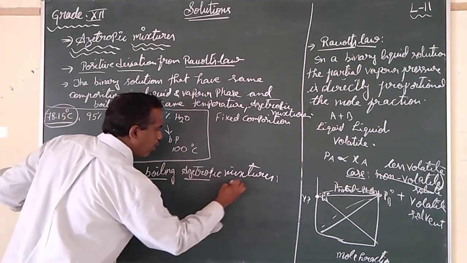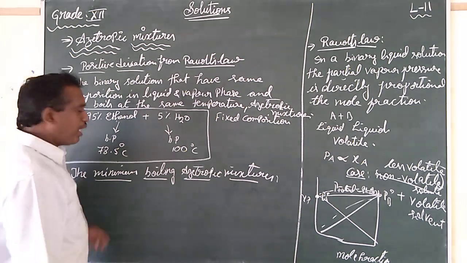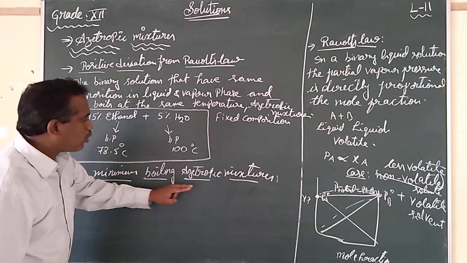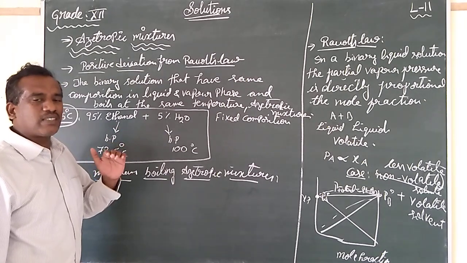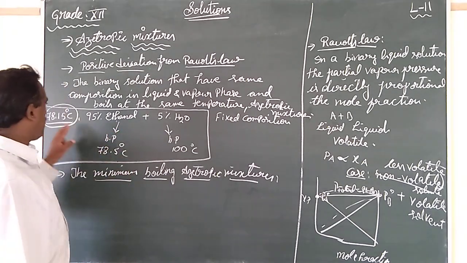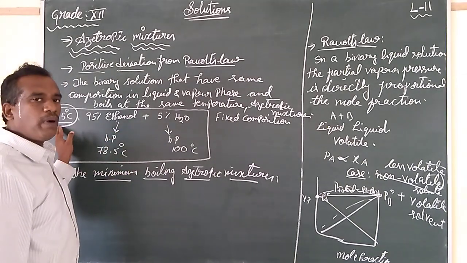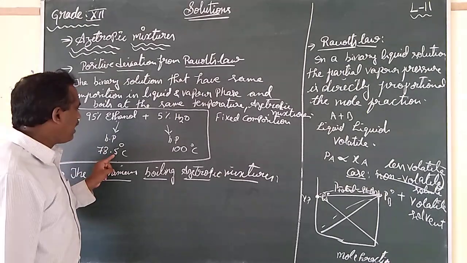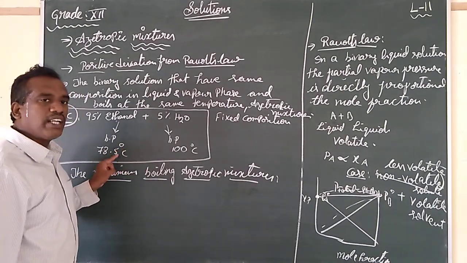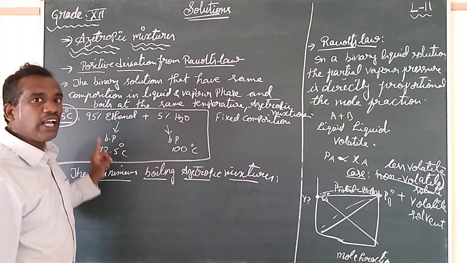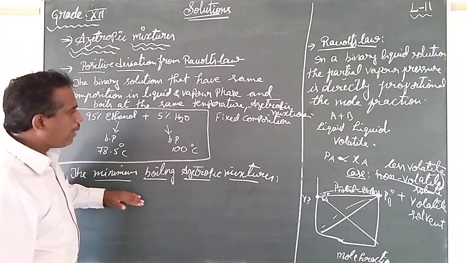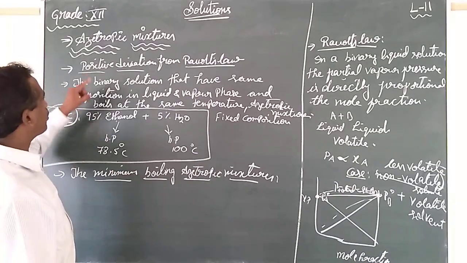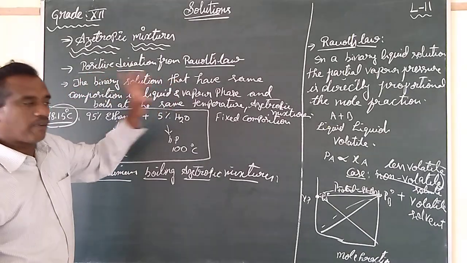What are minimum boiling azeotropic mixtures? The minimum boiling azeotropic mixtures are those which boil at a lower temperature than the component which exists more in the vapor phase. These are the compounds that show positive deviation from Raoult's law.